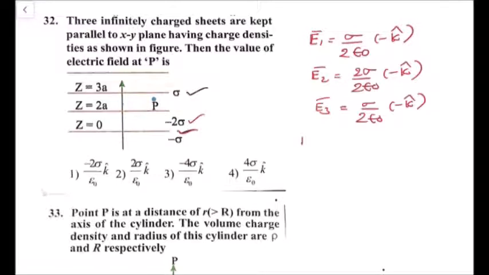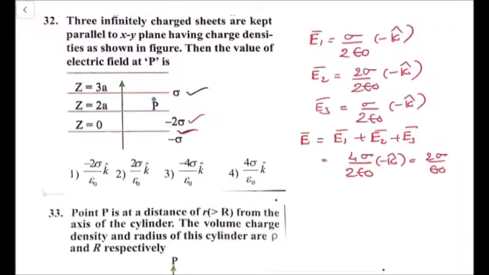So the net electric field is E bar is equal to E1 bar plus E2 bar plus E3 bar. So sigma, 2 sigma, 3, total 4 sigma by 2 epsilon naught into minus k cap, or 2 sigma by epsilon naught minus k cap. So option 1 is correct for problem number 32.